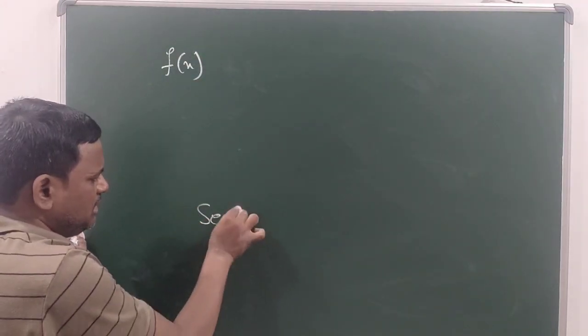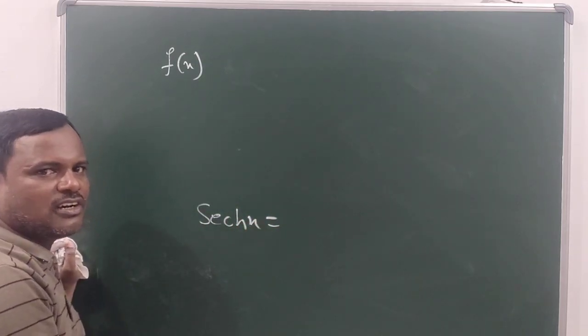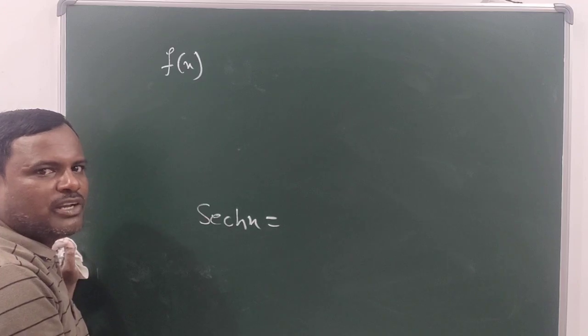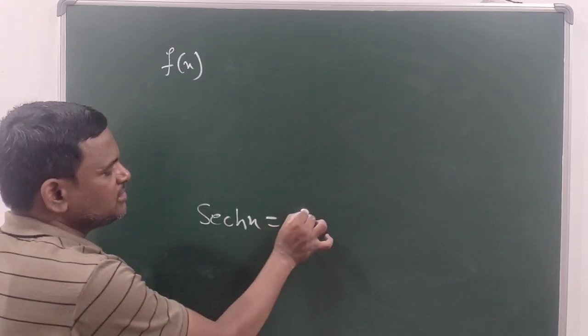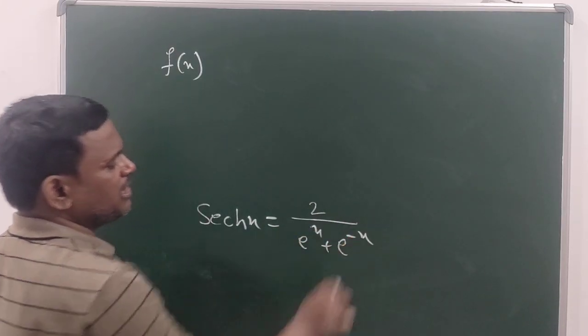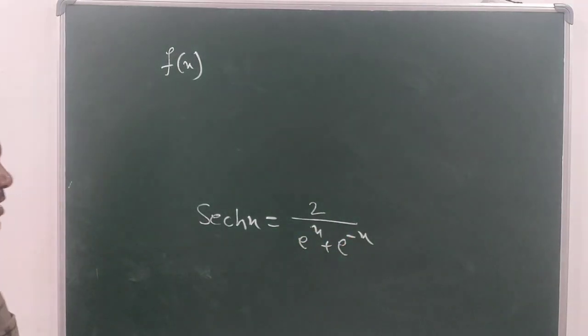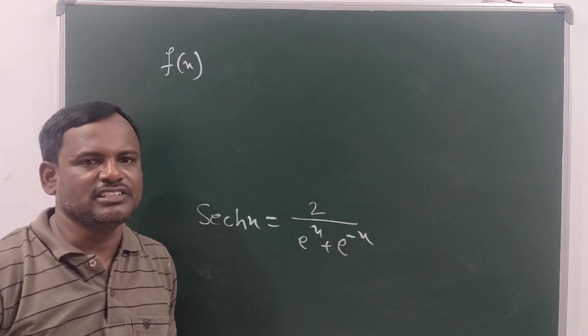See, secant hx means a reciprocal of cos hx. Already we discussed cos hx, e power x plus e power minus x by 2, whereas secant hx, 2 by e power x plus e power minus x you will get. Okay students, this is the definition of secant hx.